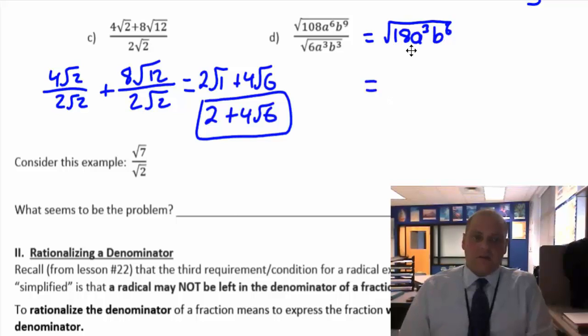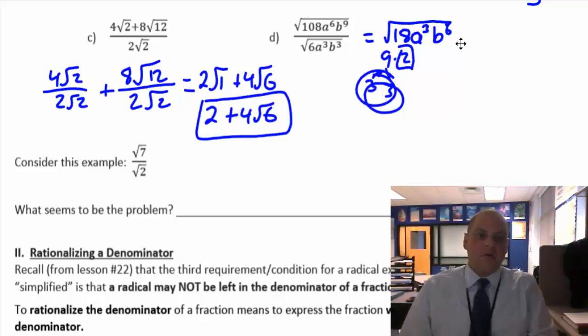All right, so this breaks down, this is 9 times 2, and then that goes down to 3 times 3. Okay, so that becomes, there's our pair of 3's right there. Left over 2. This is A, B, B, B, B, B, B. Okay, so we have a pair of A's, pairs of B's.